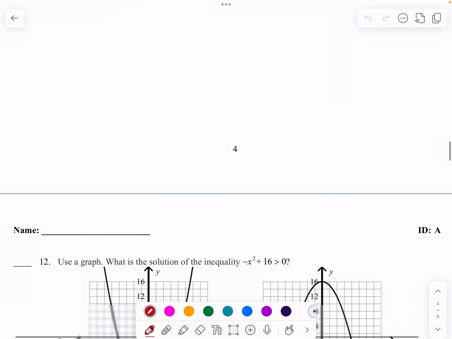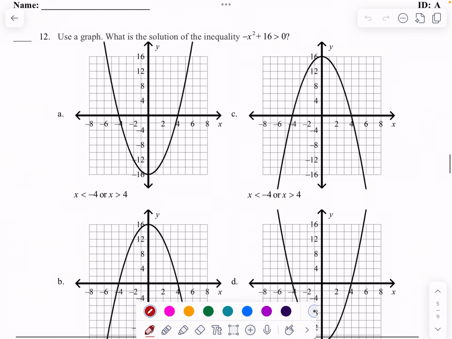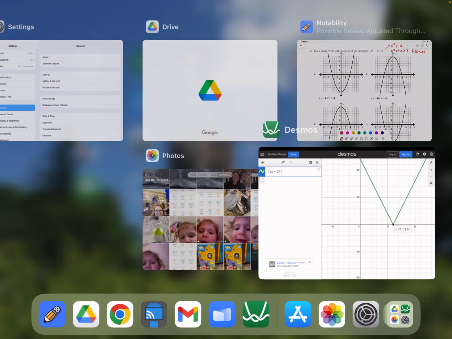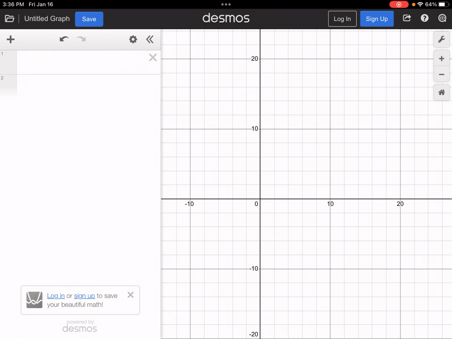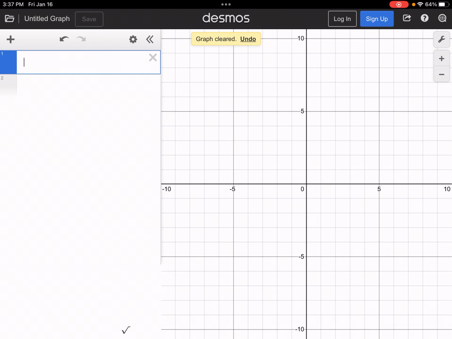And then again, I'm going to put two different functions. I'm going to do negative x squared plus 16, and then I'm also going to do negative x squared plus 16 is greater than 0, because if we see those two, it will help us. So I'm going to do that in Desmos. I'm going to delete all, which sets everything back.